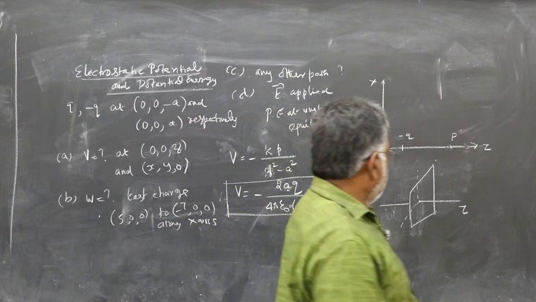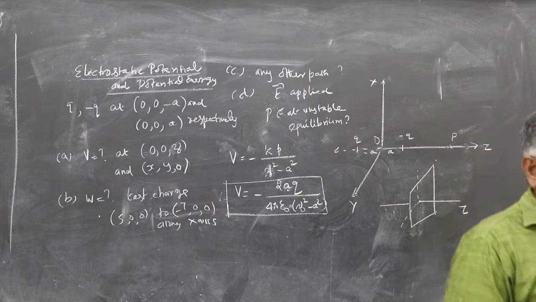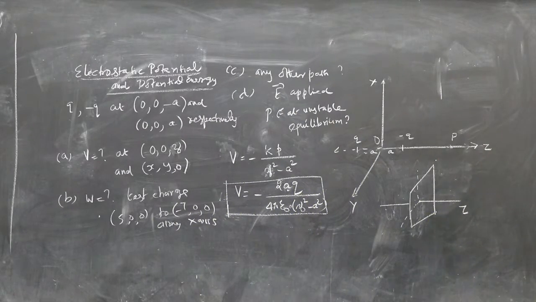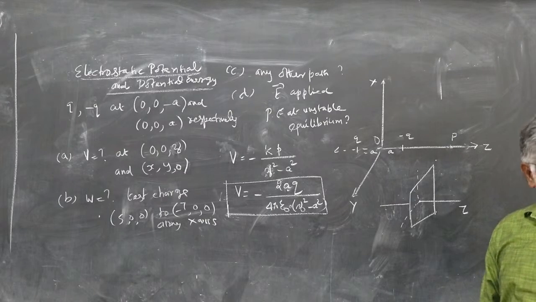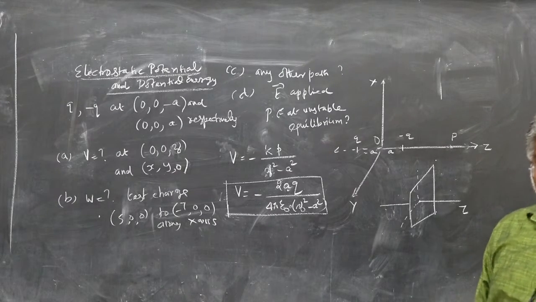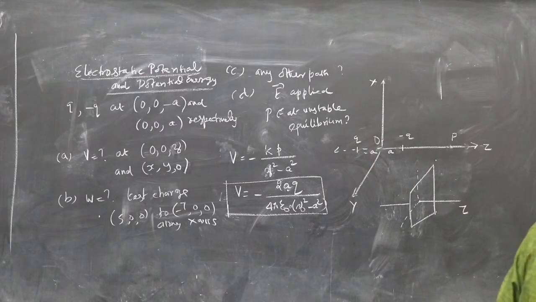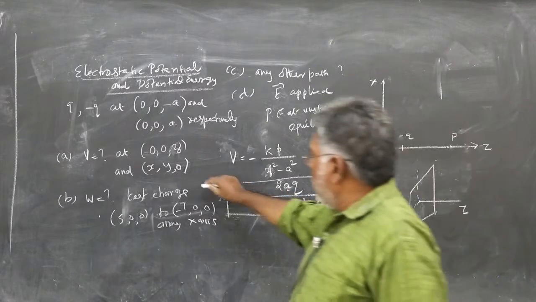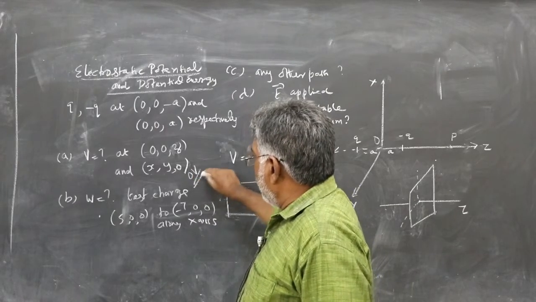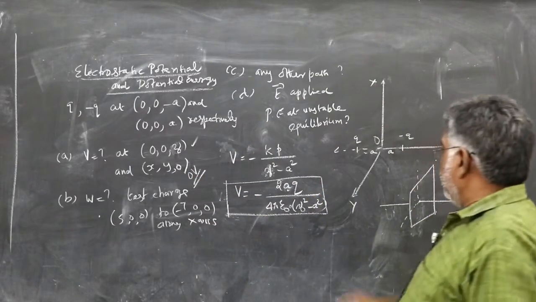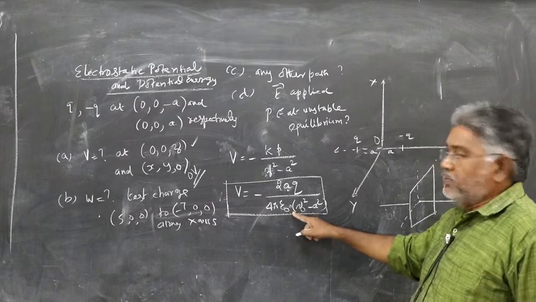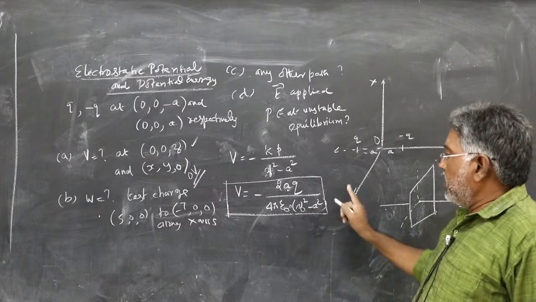Therefore, potential will be 0. At an equatorial point, the potential due to a dipole is 0, whether distant point or close by point. So for this, the answer is 0 volt. For the first, the answer is minus 2aq by 4 pi epsilon naught Z square minus a square.